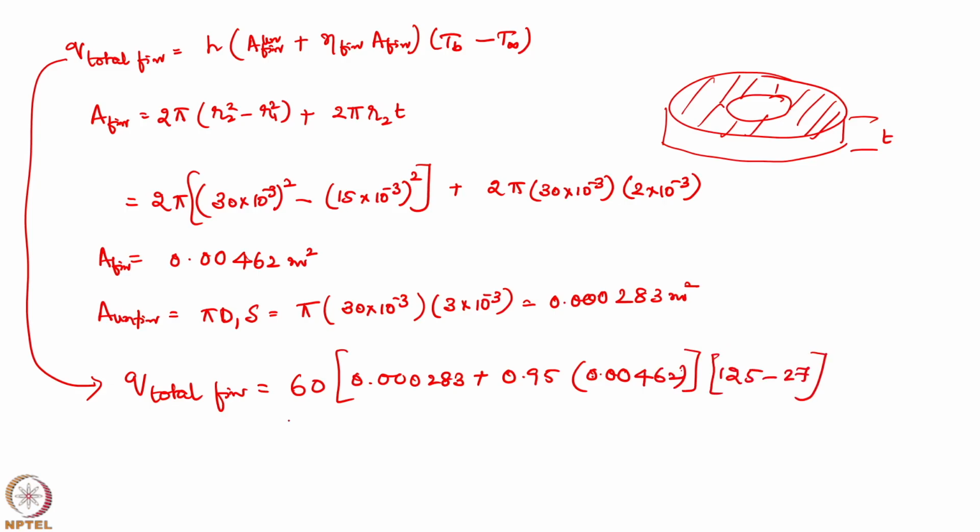So, you get this as 27.46 watts, but you have 200 fins. So, if you multiply by these 200 fins, you get 5492 watts, but your Q no fin which we found was only 554 watts.